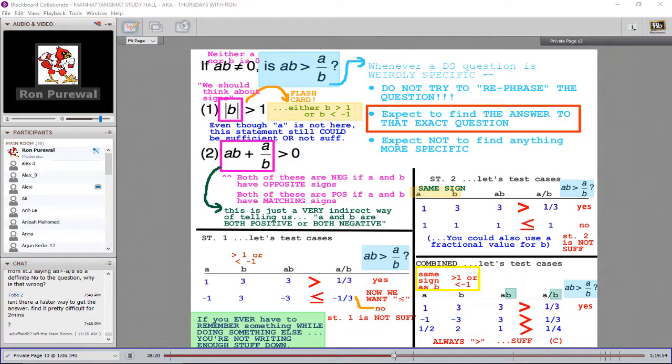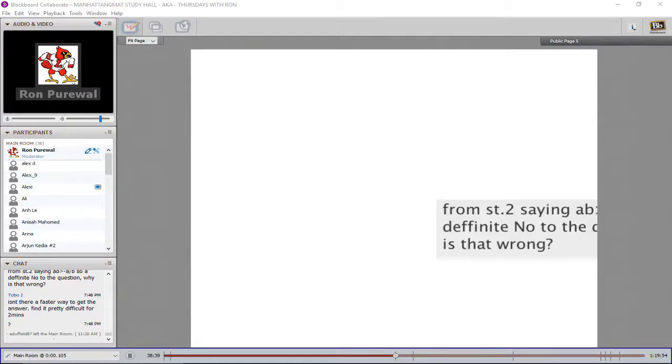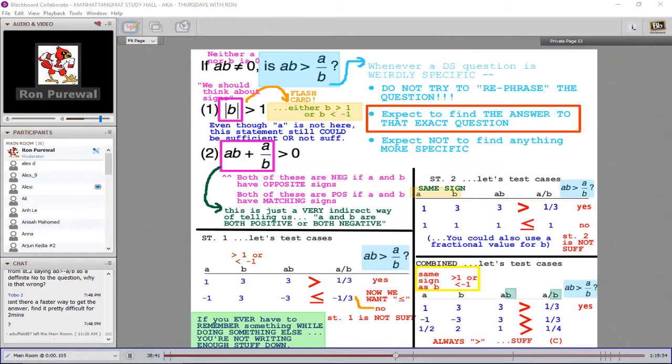Other question, from statement 2, it doesn't. The question is totally different. I guess I'll get that in your slide. The question was, let's copy the question too.